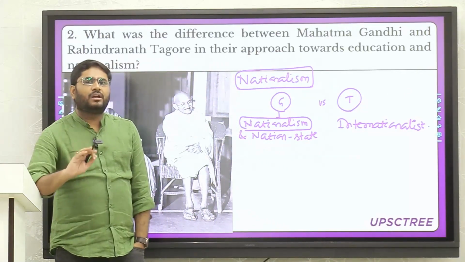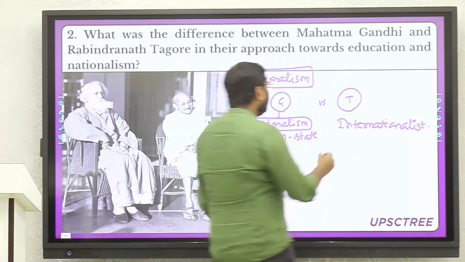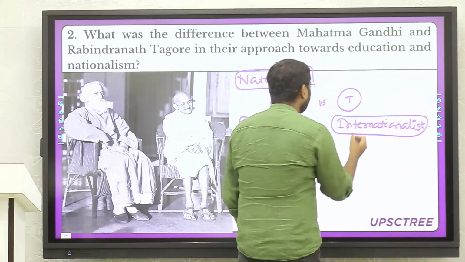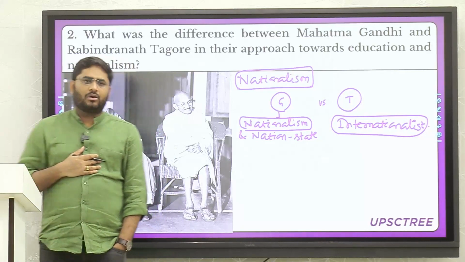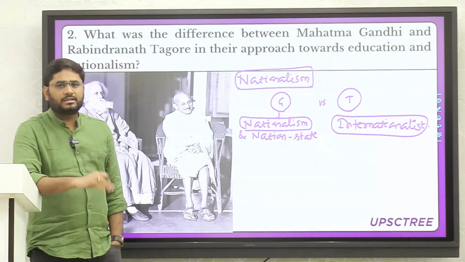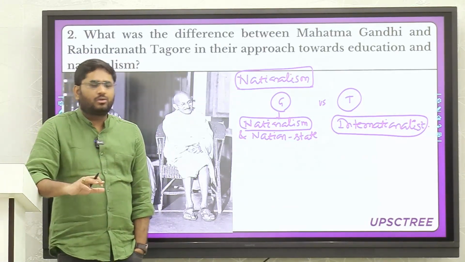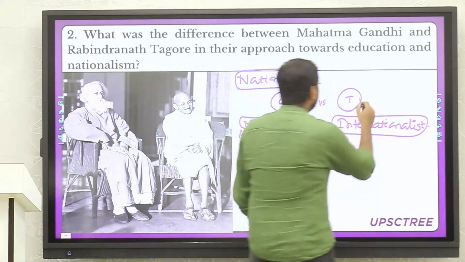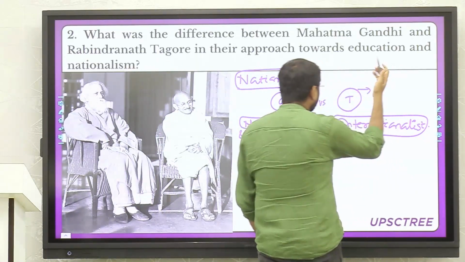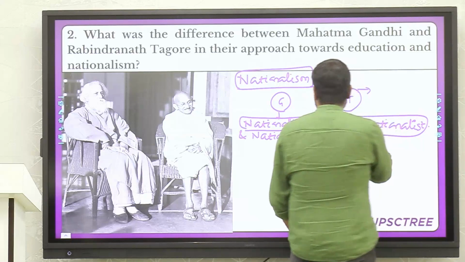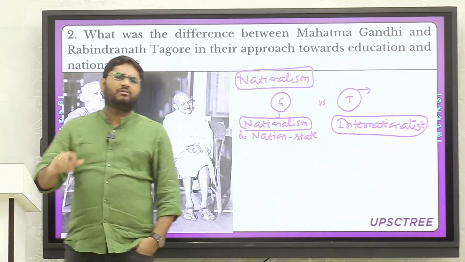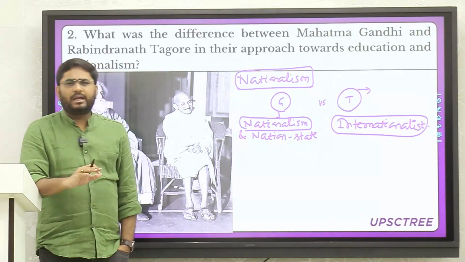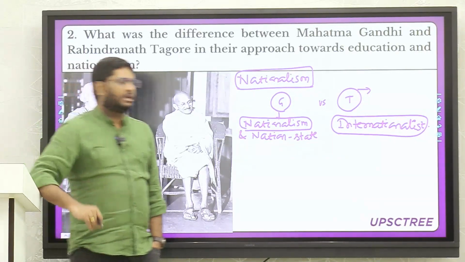This is the opinion of Tagore. He believed that between being a patriot or nationalist and an internationalist, it is better to be an internationalist. So Tagore was against nationalism, whether a violent form or a non-violent form. Either way, he didn't like the idea of nationalism.